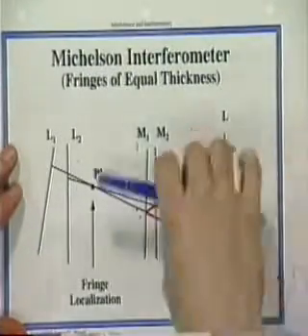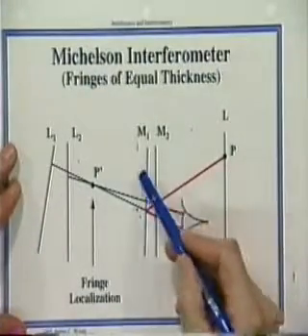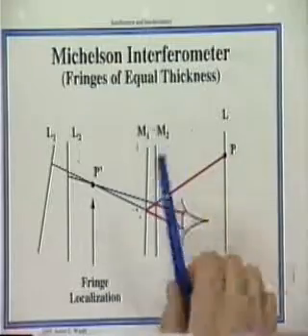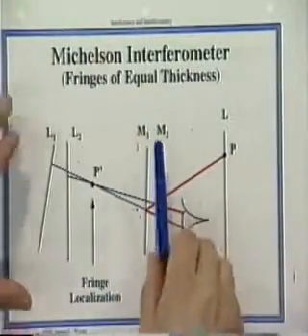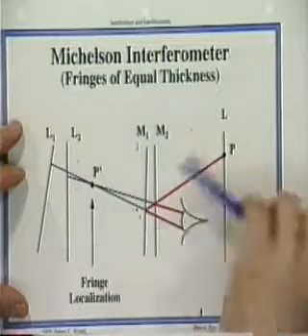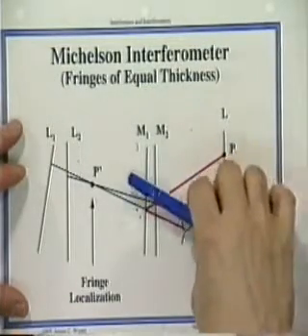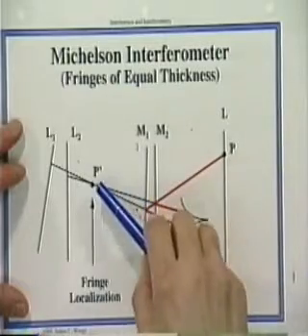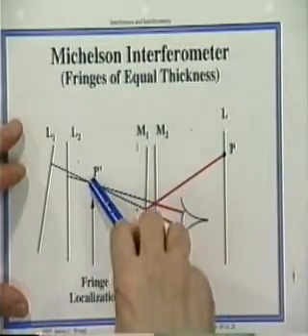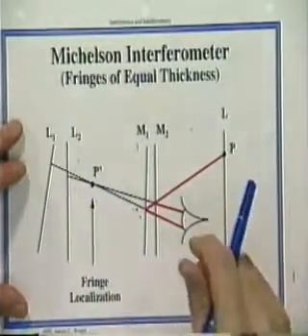Here we're looking back in two mirrors. In this case I have them separated just a little bit, but I have them tipped. And so we have one point here, and the rays are coming out at different angles. They intersect back here, and so that's going to be where the fringes are localized.